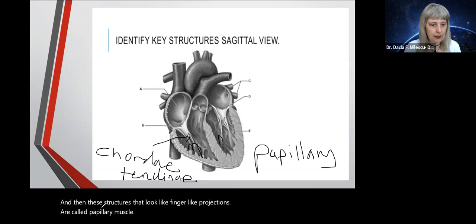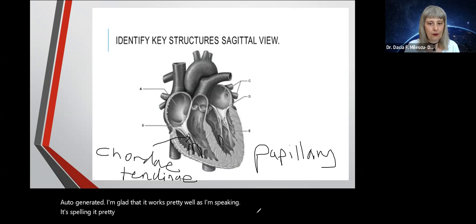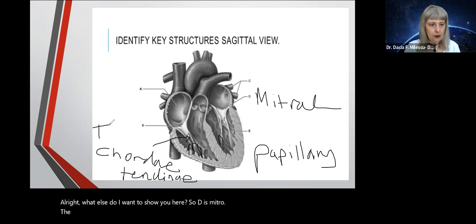And you can see it here as well, auto-generated. I'm glad that it works pretty well as I'm speaking. It's spelling it pretty nicely. All right, what else do I want to show you here? So D is mitral. B is tricuspid.